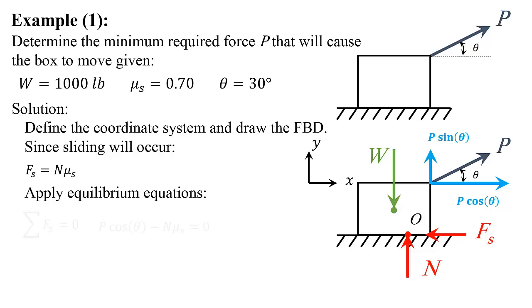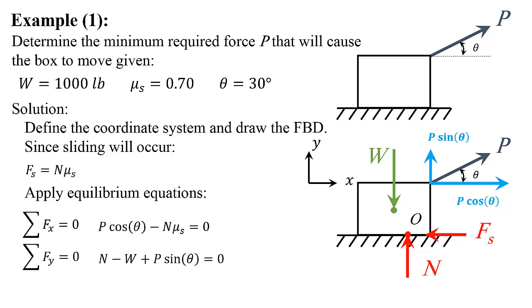Summation of the forces in the x will give me P cosine theta minus Fs, which is N mu s, equals 0, and summation of the forces in the y equals 0, giving me N minus W plus P sine theta, and that's equal to 0.